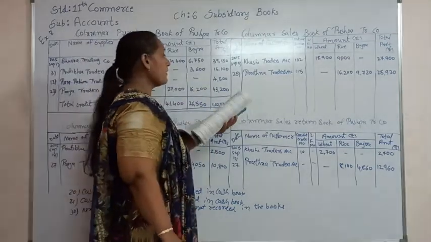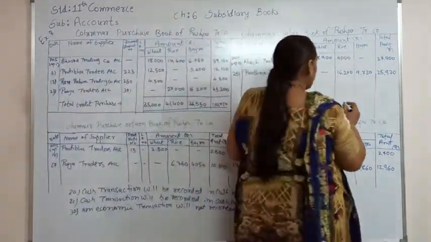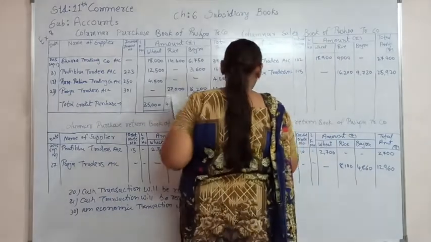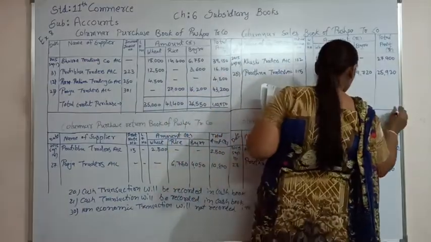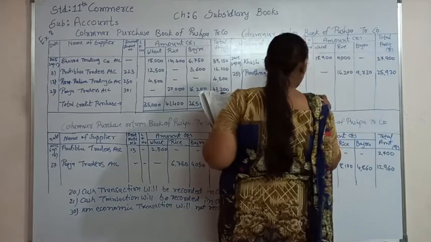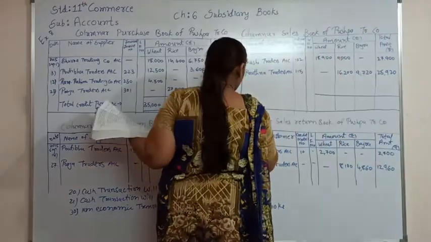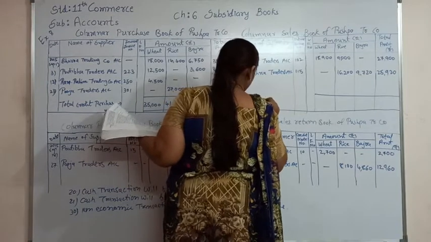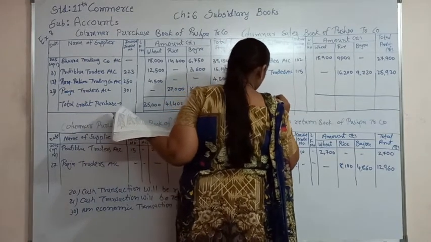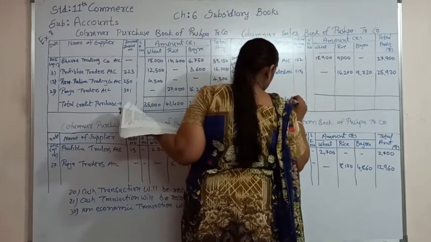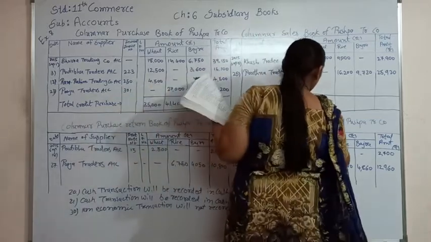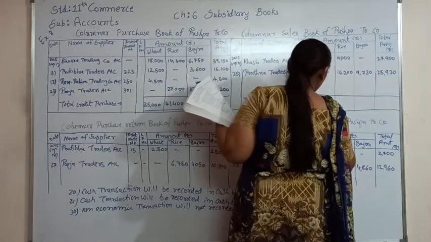Now let's see the total credit sales. So for that, here we are going to write down total credit sales. The total of this will be 18,900.